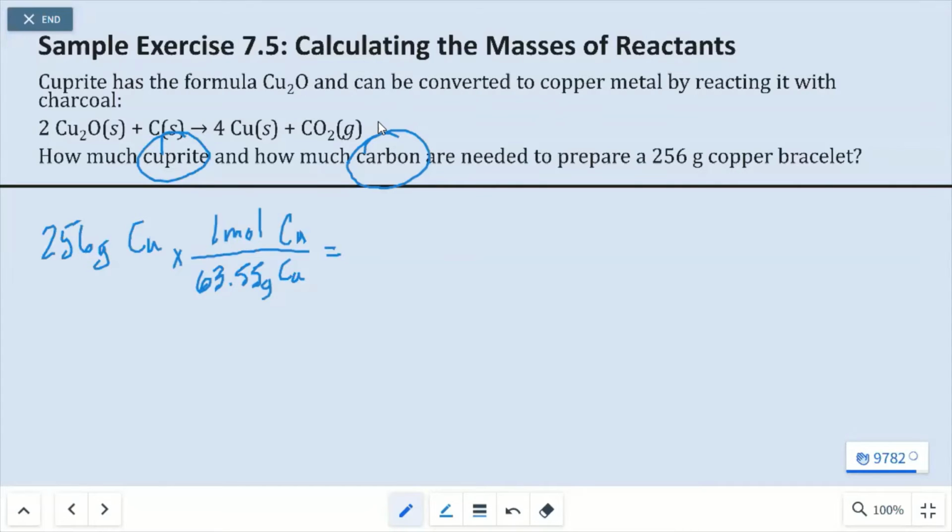So if I do that conversion, I will get that we are going to need to make 4.03 moles of copper. Now, why did I stop here? Well, because that's where this common thread diverges.